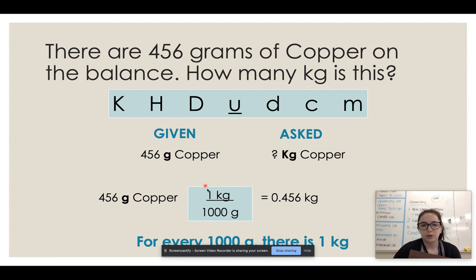Then I multiply my 456 by 1 and get 456, and then I divide by 1,000 to get 0.456 kilograms. So for every 1,000 grams, there's 1 kilogram.